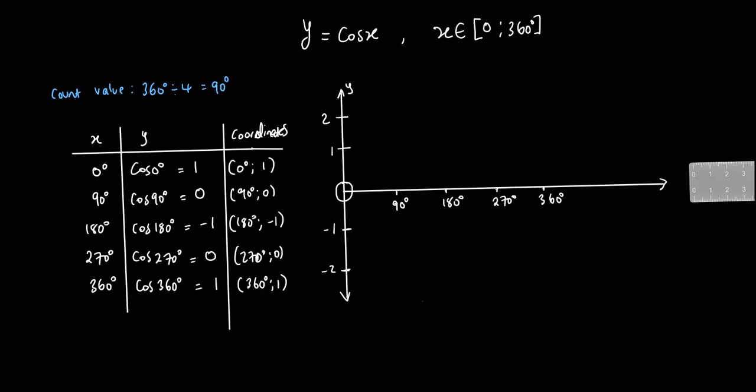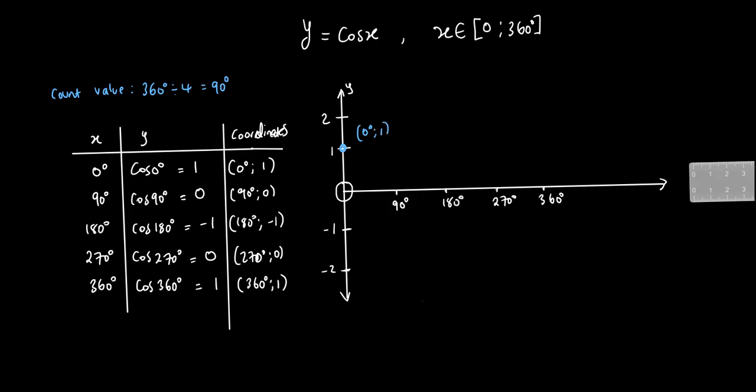Okay, so this point here is 0 degrees and 1. And then 90 degrees and 0 is this one. 90 degrees means I must be here, but the 0 means I must stay there. I must not go up or down. So the point here is 90 degrees and 0.